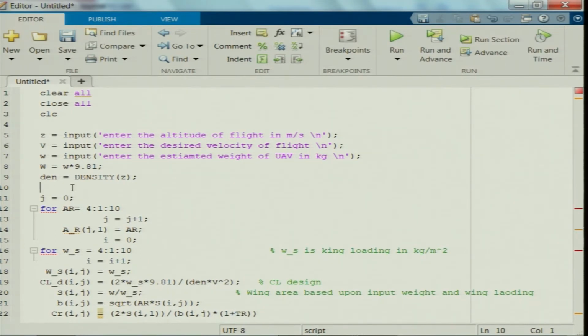Instead, you can do that, but I would like to do it here for a particular taper ratio, let it be 0.4. Okay. So, either you can make it an input here instead of W, because W is already done earlier. So, velocity of flight is also more or less known. Let me make this also an input here.